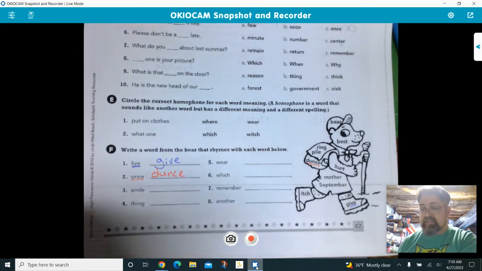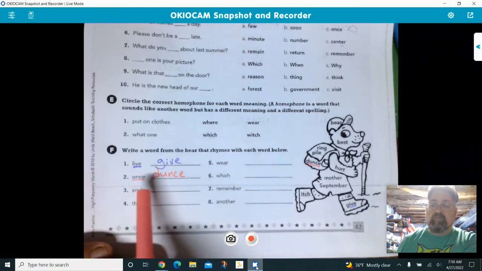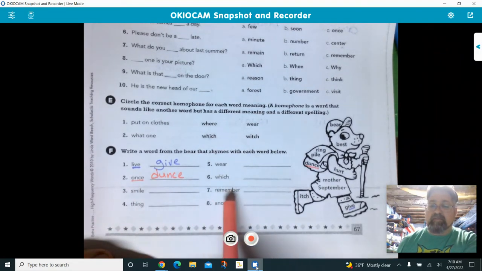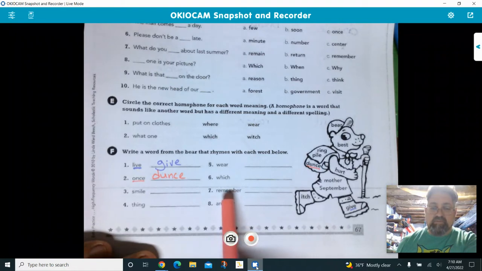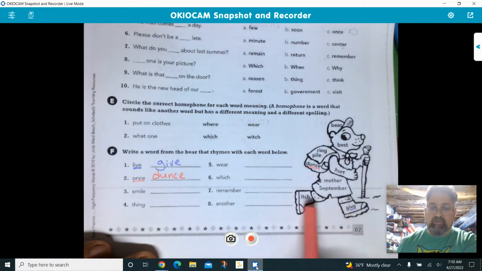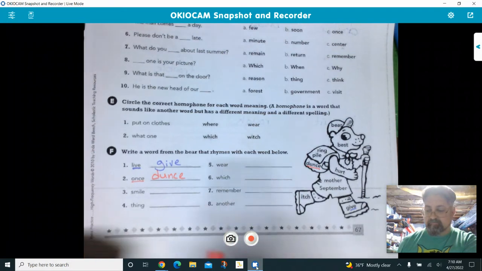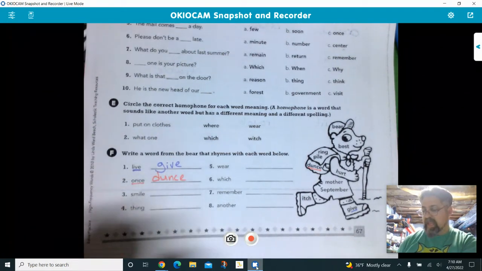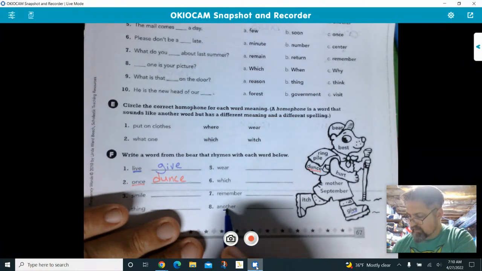So my best suggestion is, if you're not familiar with one of these words, look for the same ending. Look for a word that rhymes with ember over here, and you'll find the one that rhymes with remember. Look for the one that ends with other, and you'll find the one that rhymes with another. Look for the ending letters, the ending of these words.